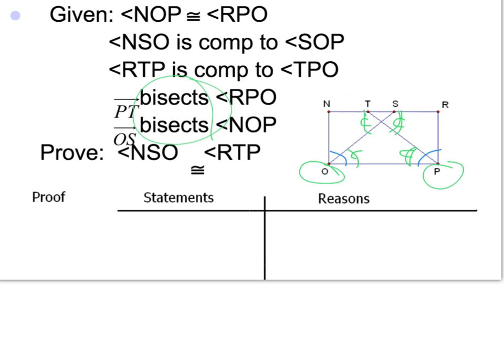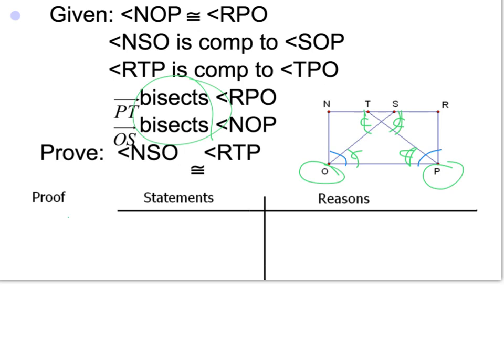So if I can prove that this angle and this angle, those two that are complementary to the upper two, are congruent, I know that comps of congruent angles are congruent. I've got this whole angle congruent to this whole angle, and I've also got some bisecting going on. So with bisecting, I can prove that this angle is congruent to this one by, big to small means division.